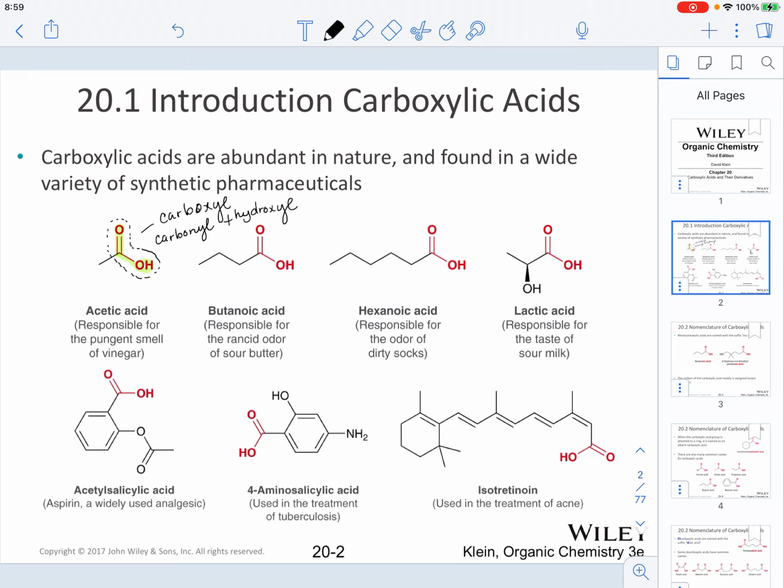And lastly, the molecule responsible for the sour taste in milk is lactic acid. At the bottom, you can see a series of medications that are utilized to treat different conditions, and they all contain this carboxylic acid motif.